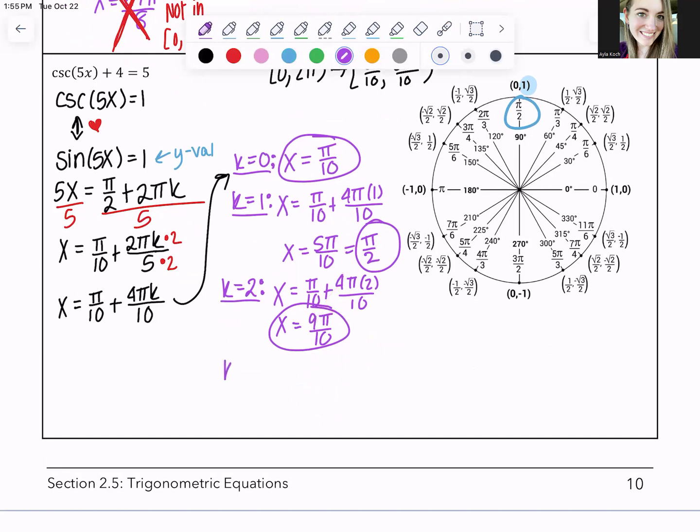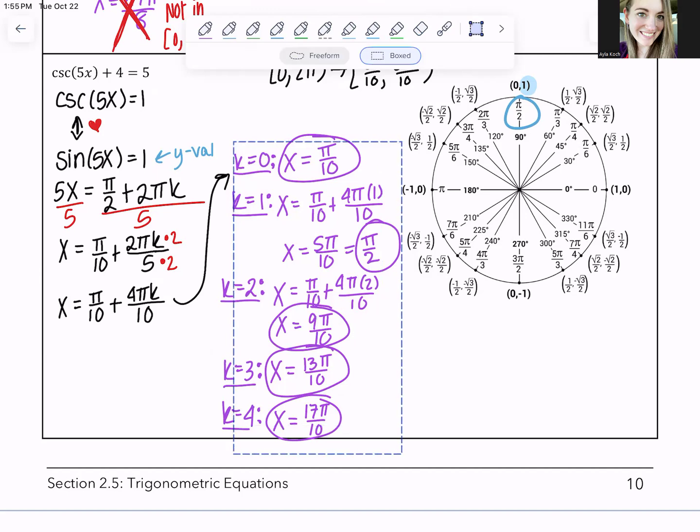We can keep on writing it this way, and you can check the math out yourself. But the next one, 9 plus 4, is going to be 13 pi over 10, and that works in that interval. If you plug in k equals 4, you'll get x equal to add another 4 pi. So we went from 9 pi, added 4, we have 13 pi, add 4, we have 17 pi over 10. That fits in the interval.